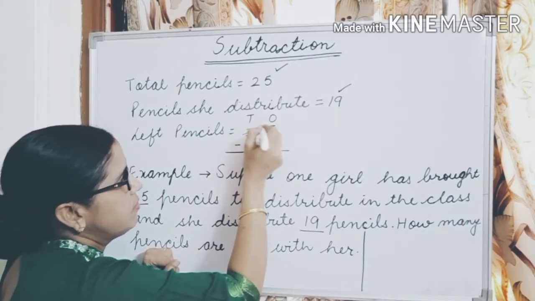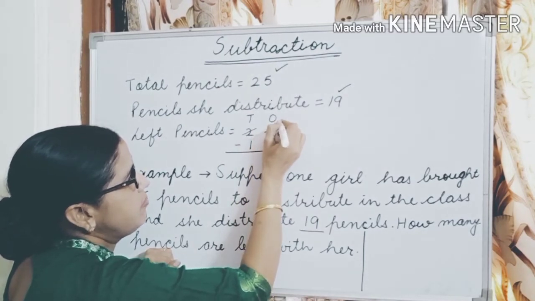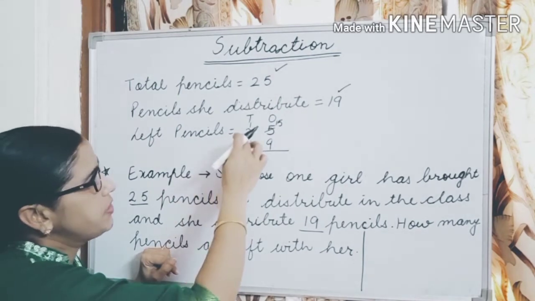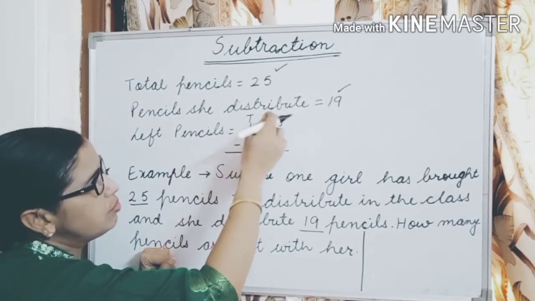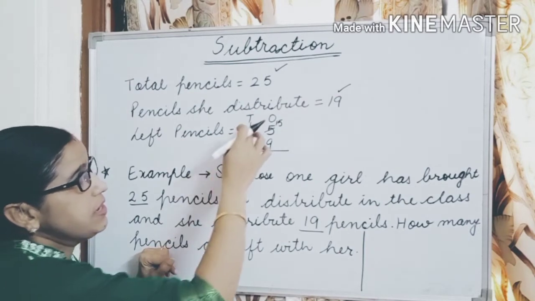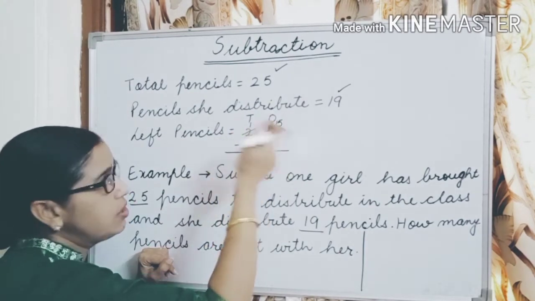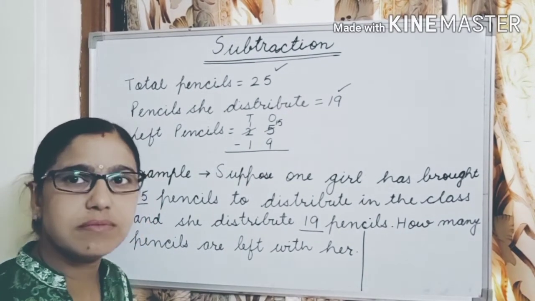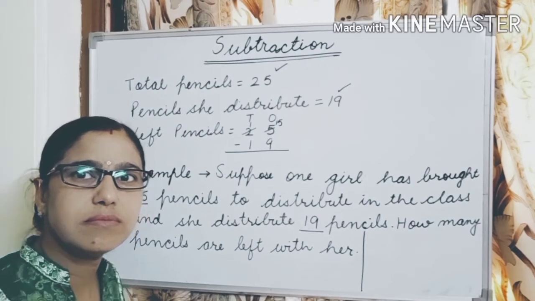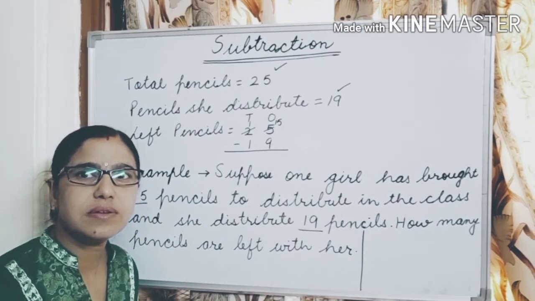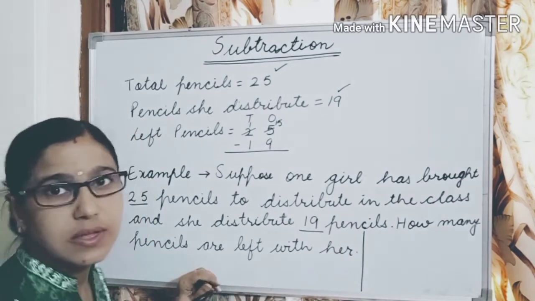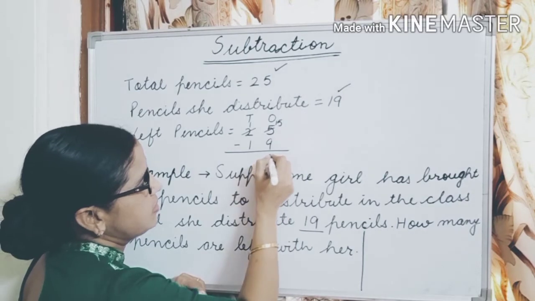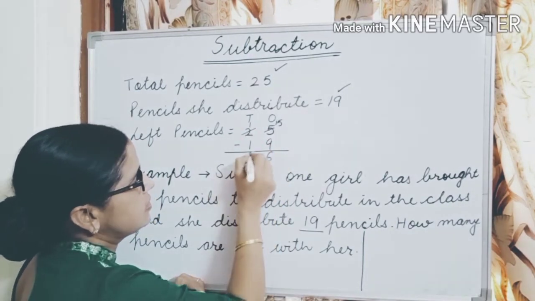This 2 will give 1 borrow to this 5 and it will become 15, and the 2 will become 1 because it has given 1 borrow to this 5. Then we have to take 15 minus 9, 6. 1 minus 1, 0.